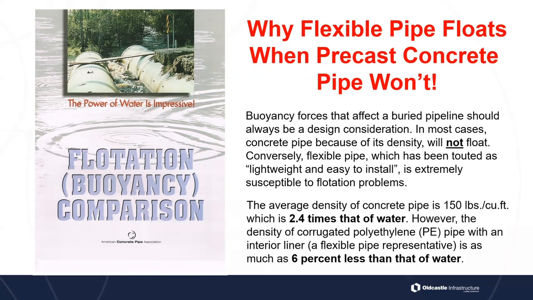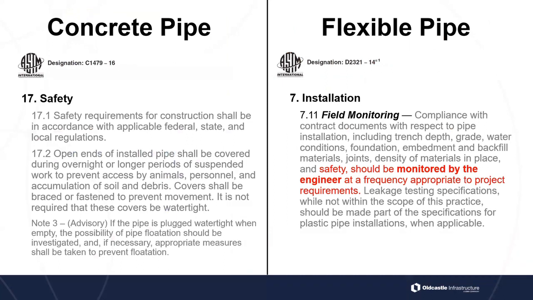Average density of concrete pipe is 150 pounds per cubic foot, which is almost 2.5 times that of water. However, the density of corrugated polyethylene pipe with an interior liner is as much as 6% less than water. So it will float in water if water comes up on it. So keep that in mind, that it could have some type of flotation there, where concrete is 2.5 times heavier than water. Flexible pipe is lighter than water.